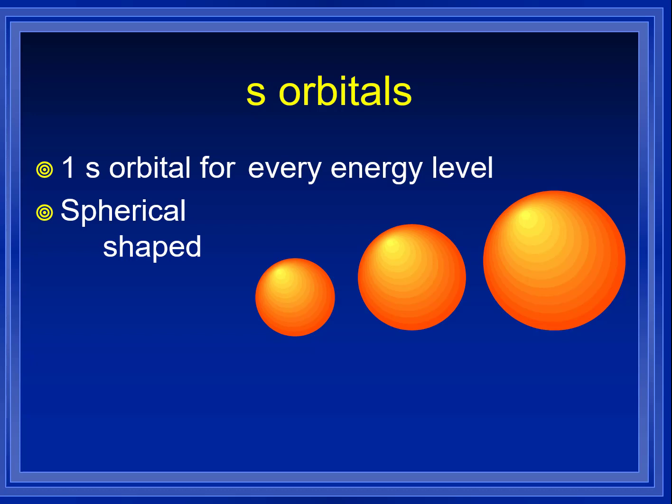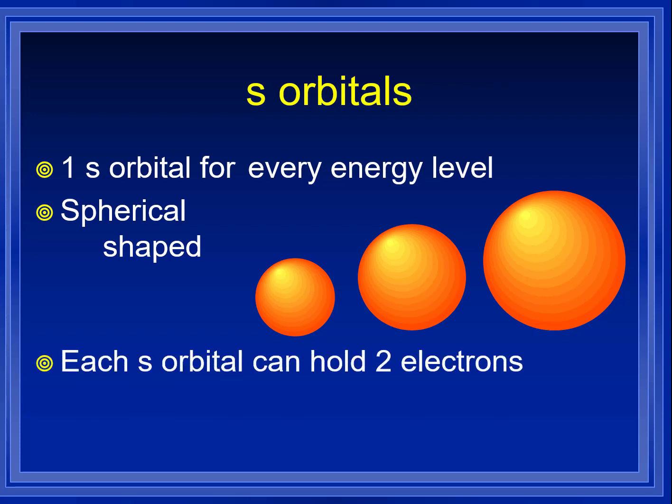Okay? And an S orbital is a room for up to 2 electrons, just like a hotel room is a room for up to 2 guests. And you can have empty hotel rooms, and you can have full hotel rooms, and you can have half-full hotel rooms. So the S orbital, there's a chance you can find 2 electrons in this sphere-shaped region.